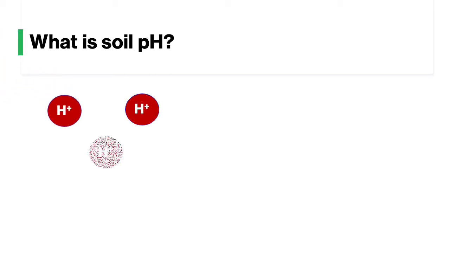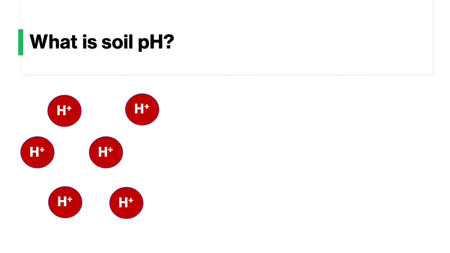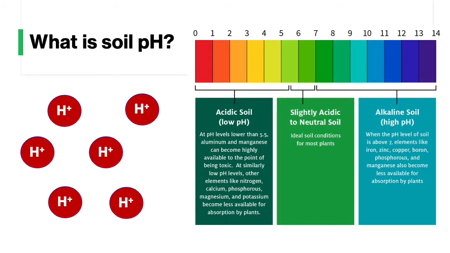When we refer to the soil solution, it means it should be in the aqueous form, with the presence of water. Since pH relies on hydrogen ions, the concentration of hydrogen ions itself defines the soil pH. If you have many hydrogen ions, you have acidic soil, which means a very low pH value.